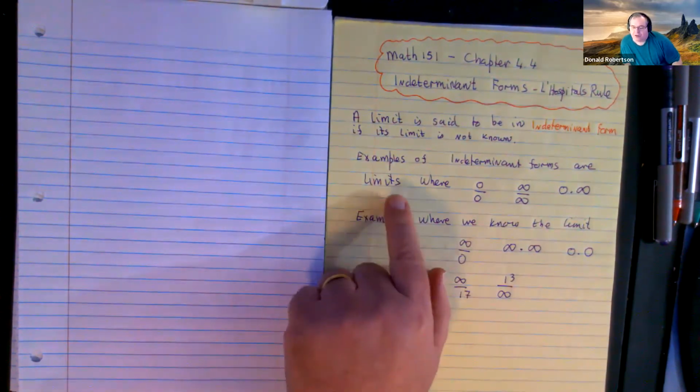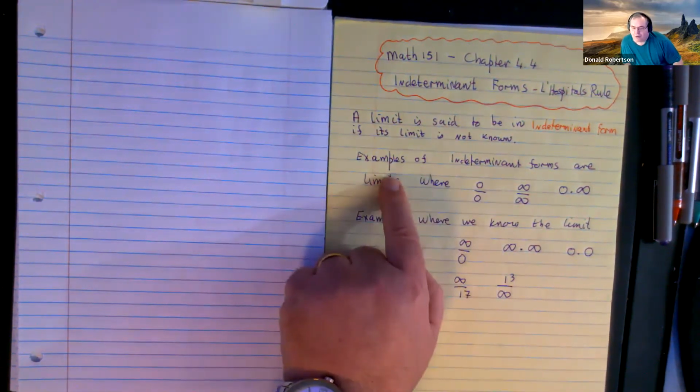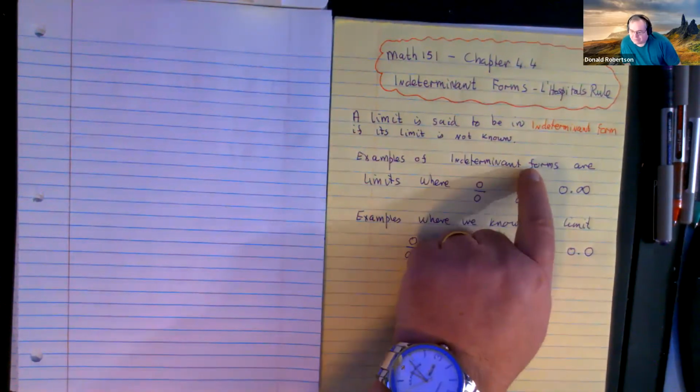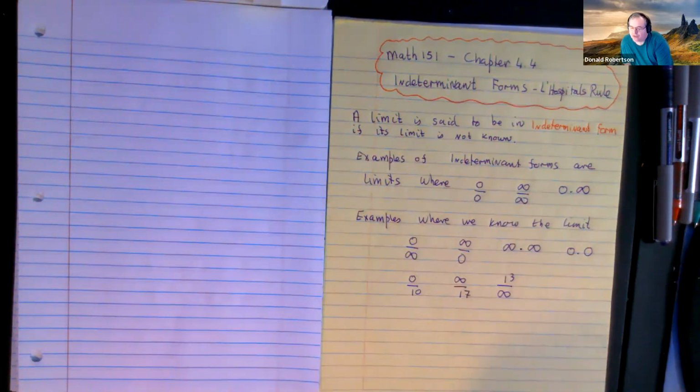So you want to imagine that this came from the limit of something divided by something, and you ended up getting that. Infinity over infinity is also indeterminate form, right? Some infinities are bigger than others, so you can't tell the answer. And 0 times infinity is also indeterminate form.